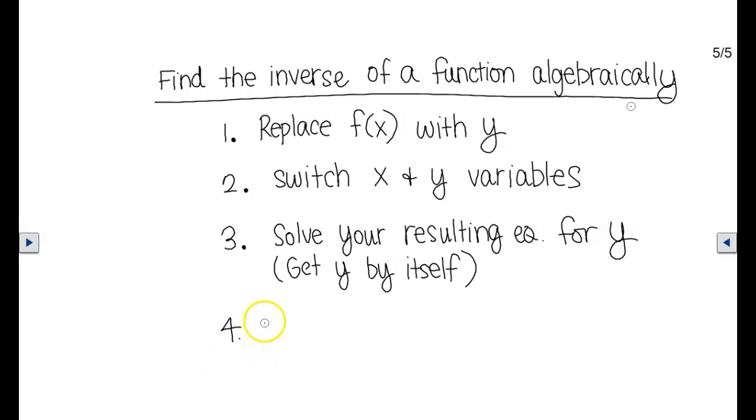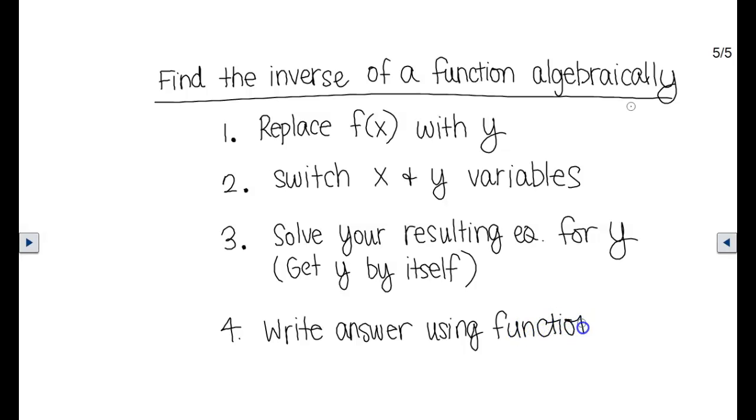And then your last step is to write your answer using your function notation. And your function notation, of course, is that f of x notation. So what you're going to do here is use f inverse of x to write your answer.